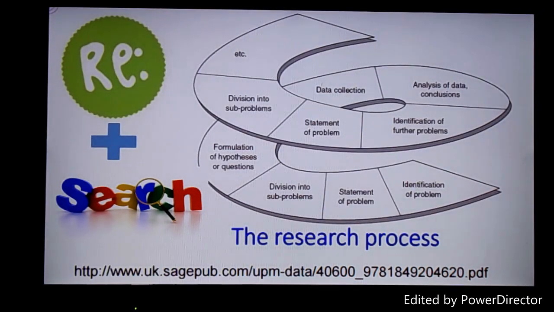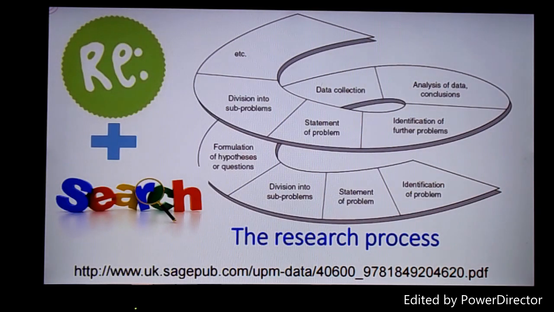And we see the process as captured at that site, www.uk.searchpub.com. At the bottom right, we start by identifying a problem, hence the importance of problem statement. Then we write the statement of the problem.